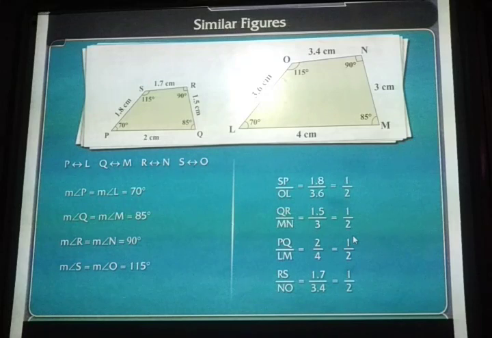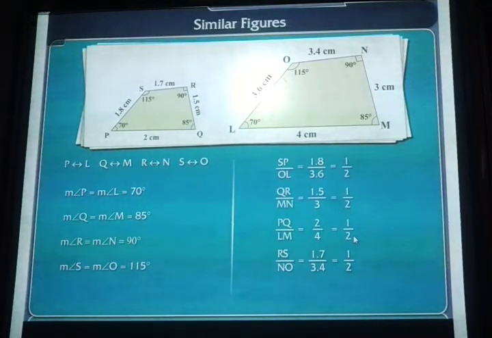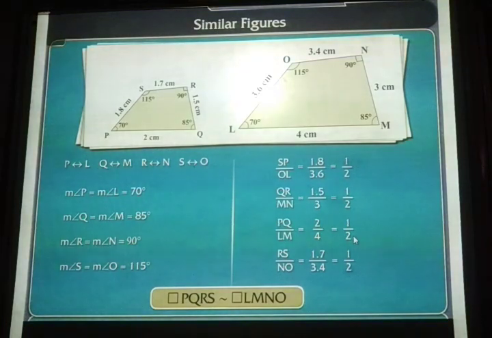That means SP upon OL is equal to PQ upon LM is equal to QR upon MN is equal to RS upon NO, which is 1 upon 2. Hence, the quadrilateral PQRS is similar to the quadrilateral LMNO.